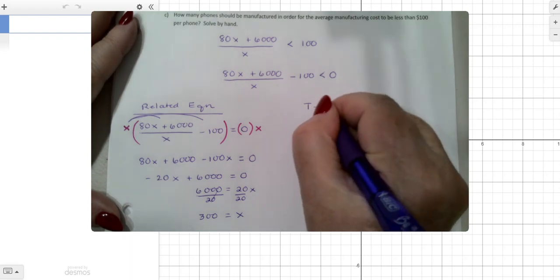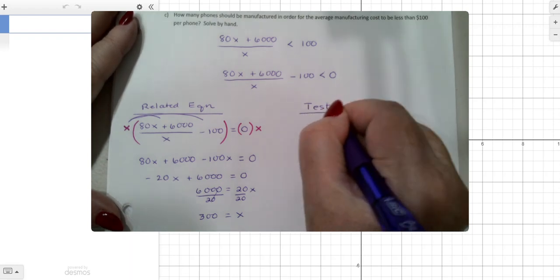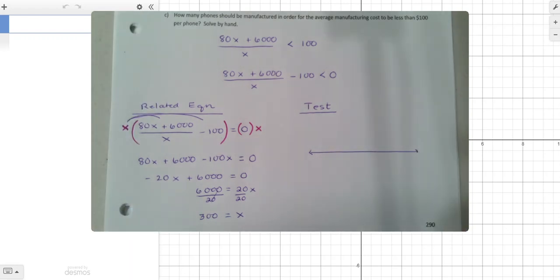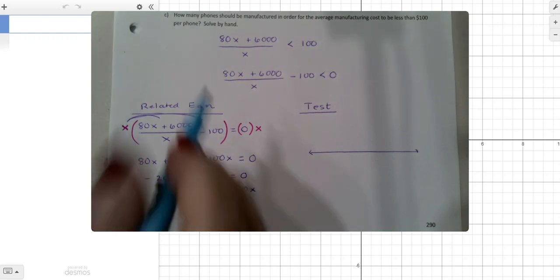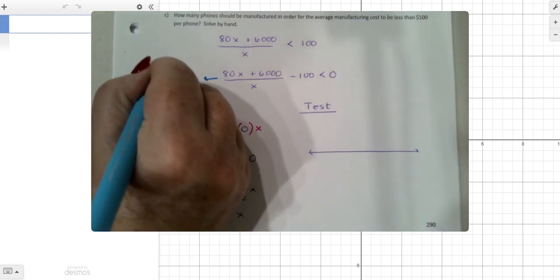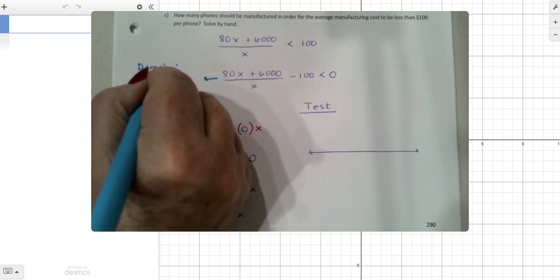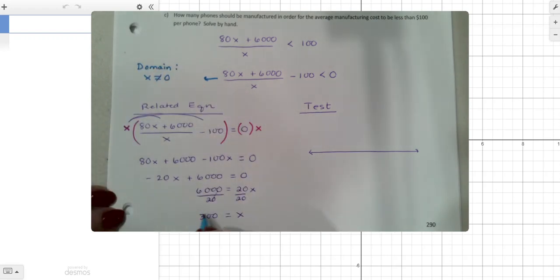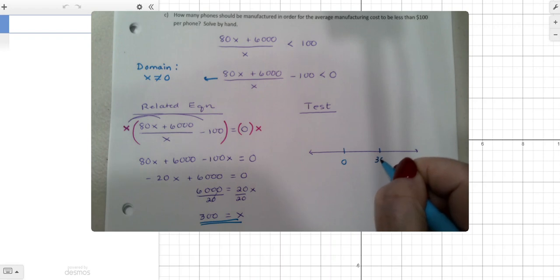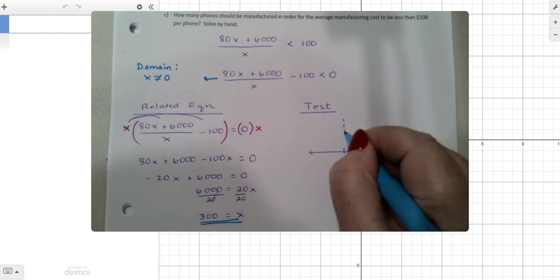All right, I need to test that solution. And by the way, I probably should have written this out earlier, but let me do it now. I am going to notice that my domain x can't be 0, and then I got x equal 300. So really when I go to test, I truly should put the 0 and the 300 on my number line.